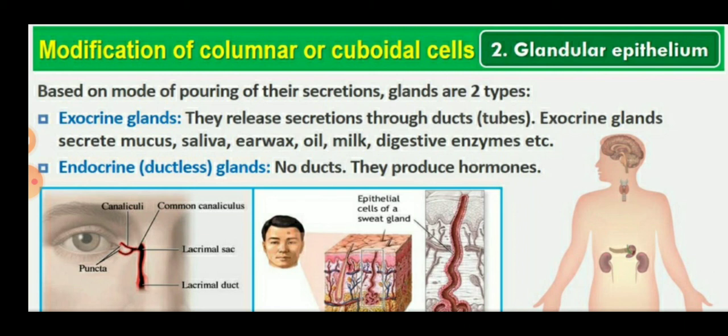And the exocrine glands release the secretion through ducts or tubes, so the exocrine glands secrete mucus, saliva, earwax, oil, milk, and digestive enzymes. So these are milk producing glands, oil glands, salivary amylase producing glands, and mucus producing glands.